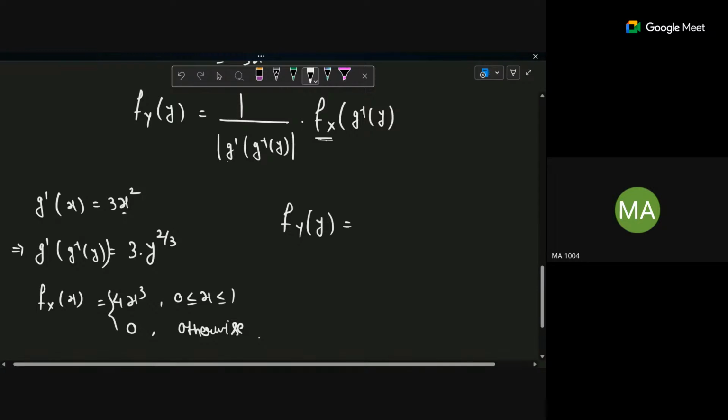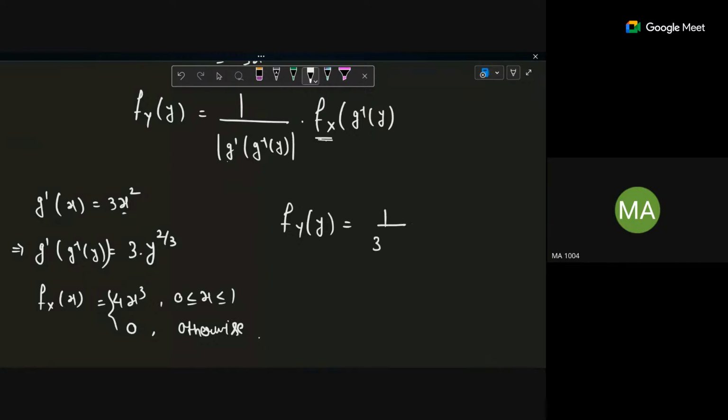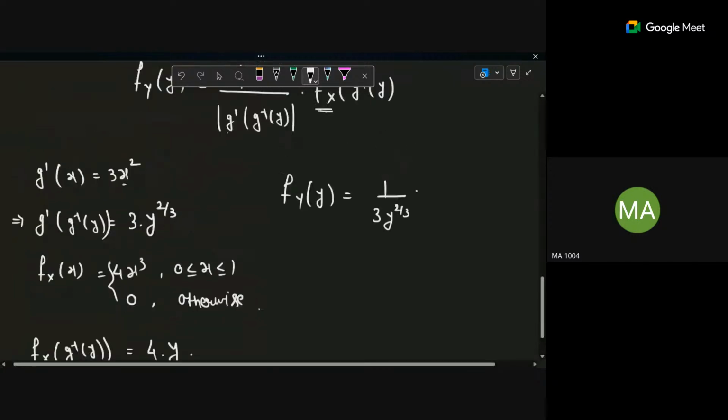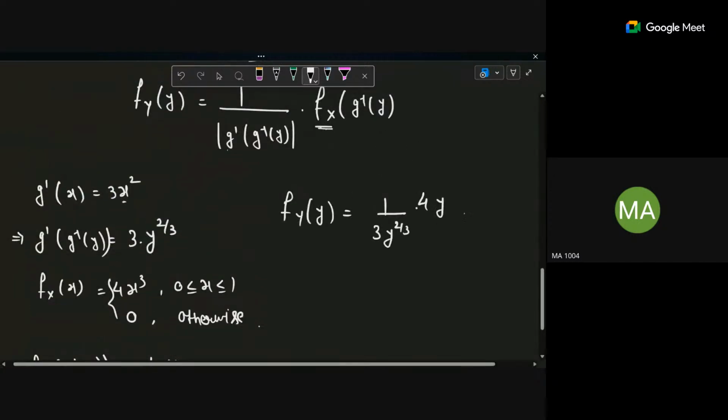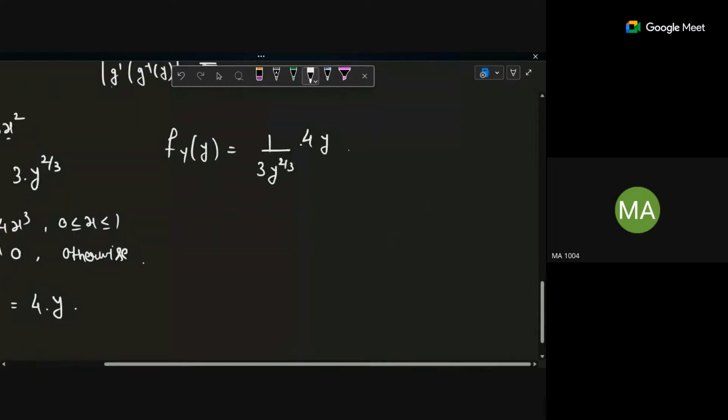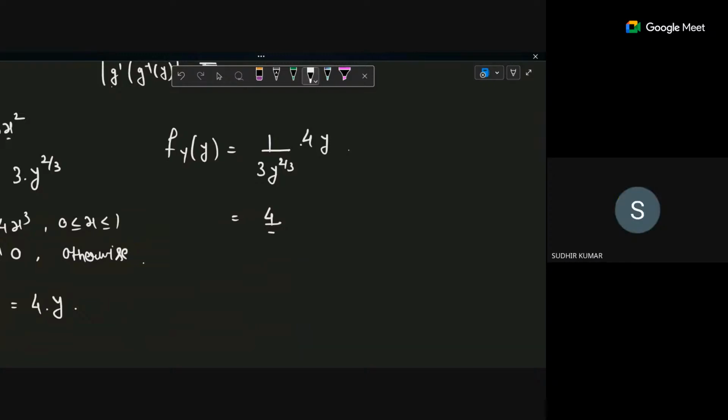Fy of y is 1 upon 3y raised to the power 2 by 3, into 4y. Now we can solve it. That is nothing but 4 by 3 y raised to 1 minus 2 by 3, so it will be y raised to the power 1 by 3.